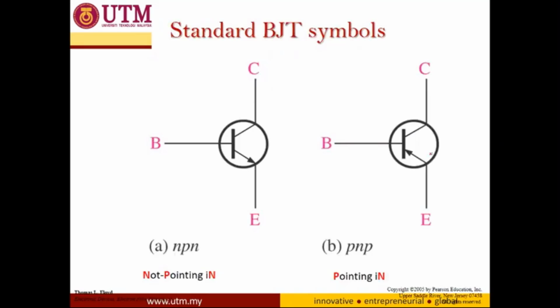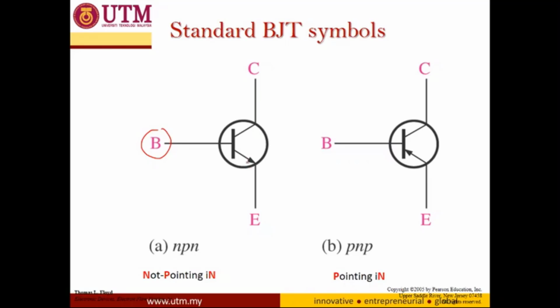Okay, so we have two types of BJT, NPN and PNP. When we want to draw the electronic circuit, the symbol of the BJT is used as shown in this slide. The base terminal will be in the middle, and usually we put the collector at the top and the emitter at the bottom. To differentiate between emitter and collector, there is an arrow at the emitter.